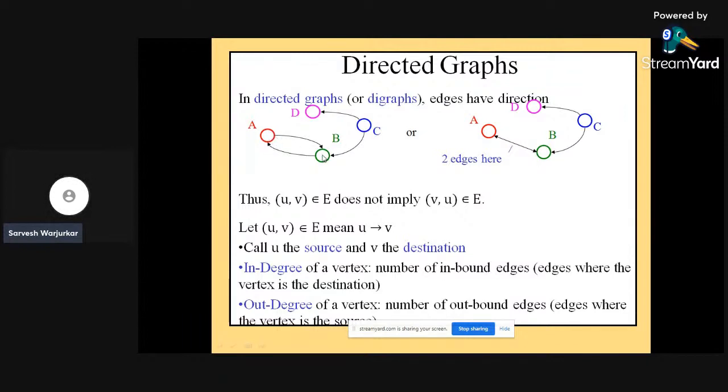In terms of B, there are two different edges connecting with B, or coming towards B. That's why the in degree of B is 2. Likewise, in contrast with that, out degree can also be calculated. Out degree of a vertex is nothing but the number of outbound edges, where the vertex is the source itself.